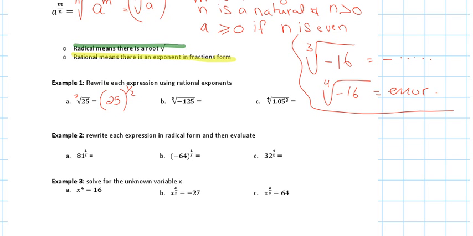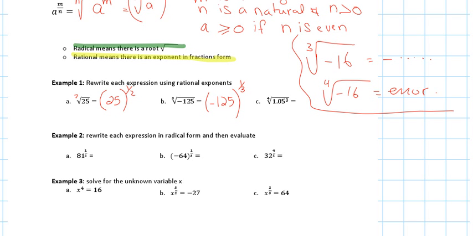Okay. How can you write this as a rational exponent? So bracket, negative 125, close bracket, to the power of 1 over 3. Good.